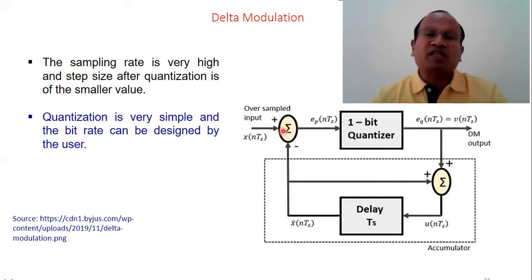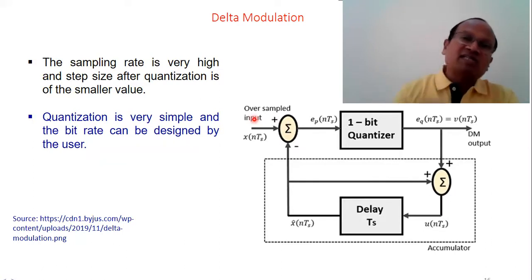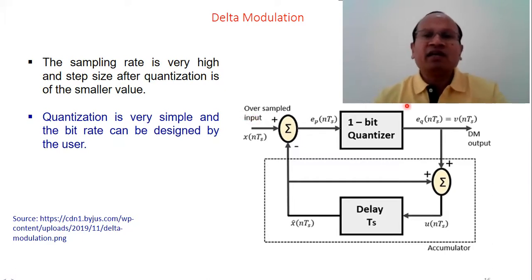Now this previous pulse will always be compared with the next incoming pulse, and whenever there is a change in the pulse, it means there is a difference. So every time there is a difference, it will be encoded into a single bit. This is why it is called delta modulation.